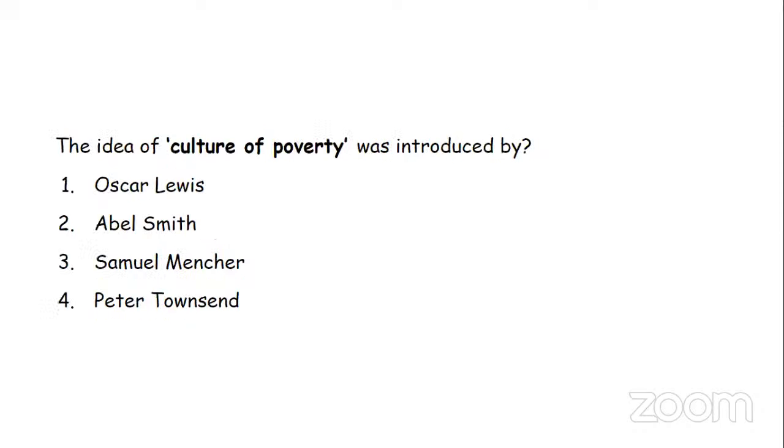Next question. I think this is our last or second last question. The idea of culture of poverty was introduced by, and the options are Oscar Lewis, Abel Smith, Samuel Mencher, and Peter Townsend. Who introduced the idea of culture of poverty? And the answer is Oscar Lewis.